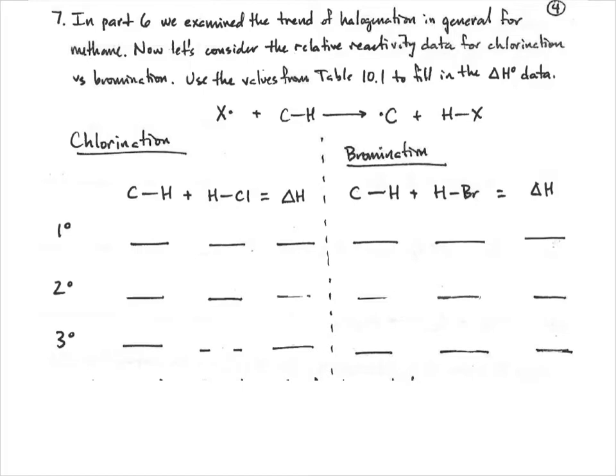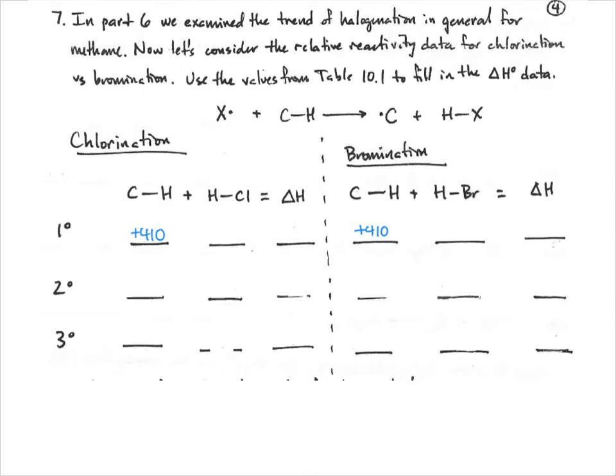So again, for our first column here, we want to look at our table. We look at the table, we find, okay, what is the value for a standard primary hydrogen? So we're going to use plus 410. And so that's consistent amongst the chlorination and bromination.